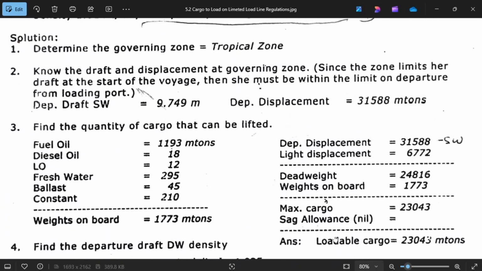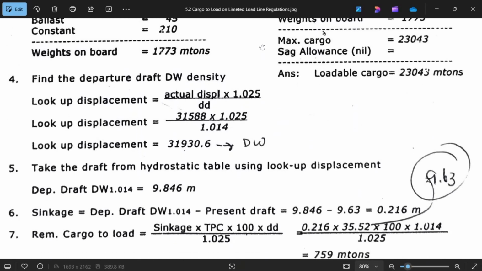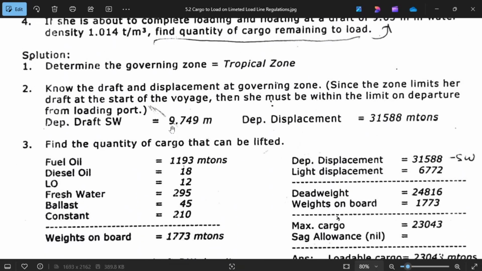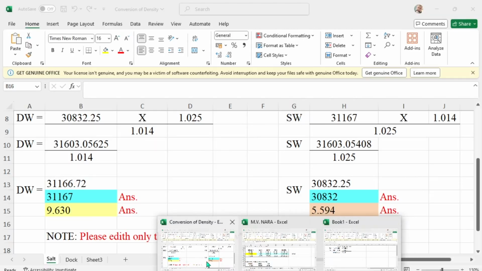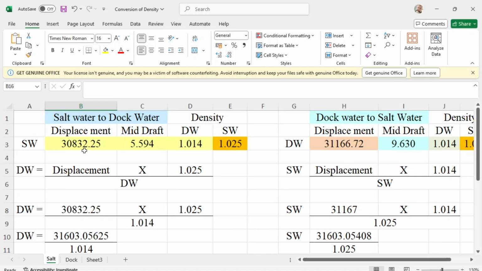Departure is this one, 7949. Okay, so what will be his dock water? Okay, we'll just put this one. This place is 31588. Put this one, 31588.